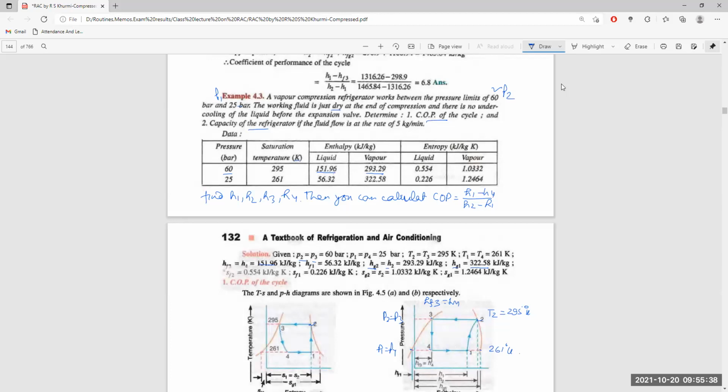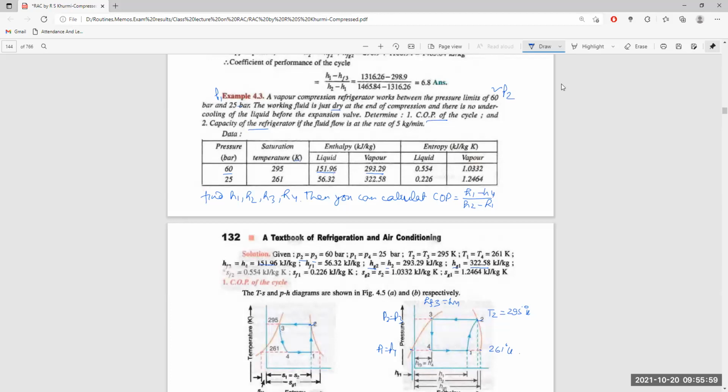And the entropy at point 2, Sf2, is given, that is the entropy at the vapor state at 60 degrees.